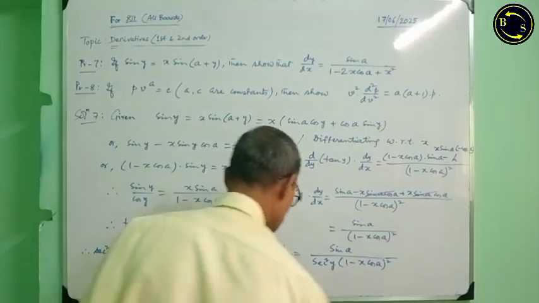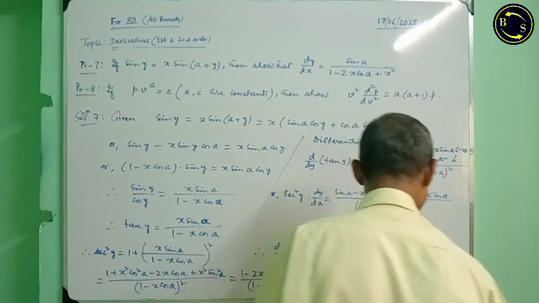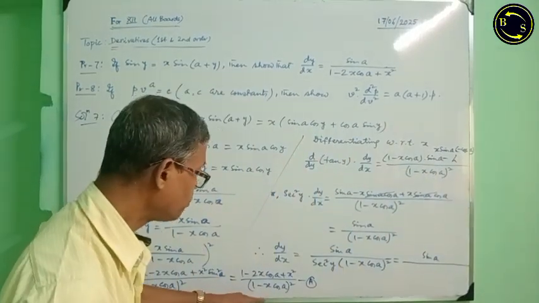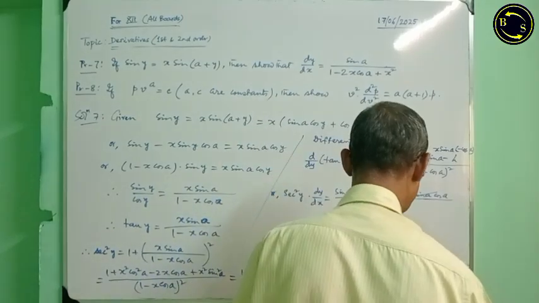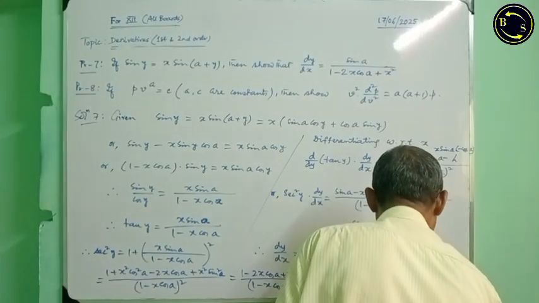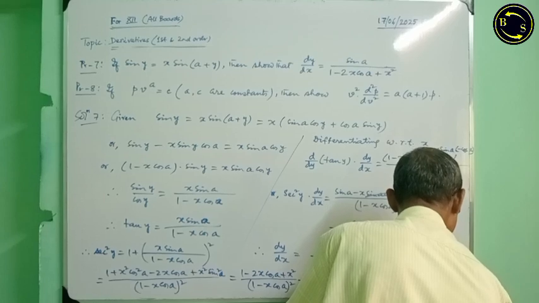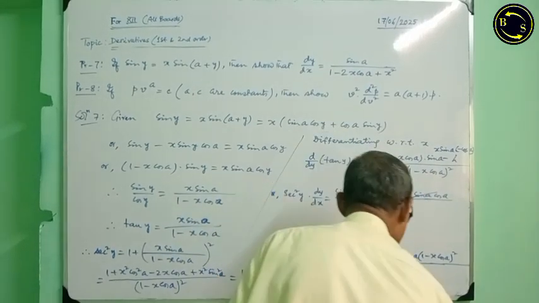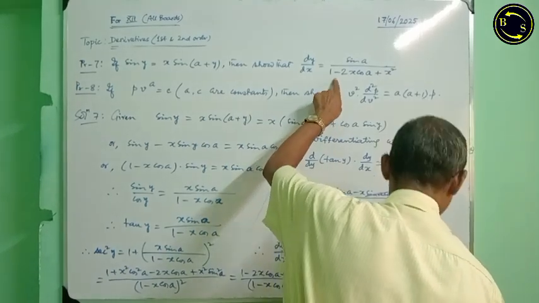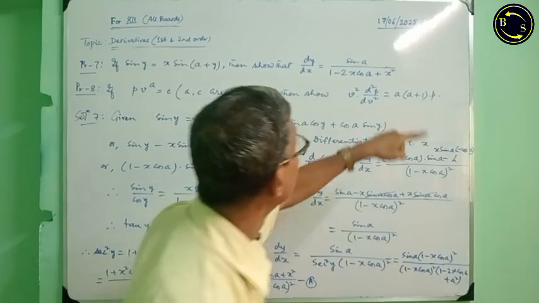We put this value, we call it say a. Is equal to sin a by, this will be placed at the denominator, therefore at the numerator it will be 1 minus x cos a whole square by 1 minus x cos a whole square into 1 minus 2x cos a plus x square.